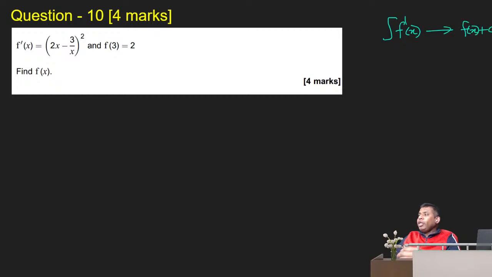The integration process is the opposite of differentiation. So if you integrate a gradient function, if you integrate an f'(x) function, the answer is an f(x) function. That is my idea for this question.